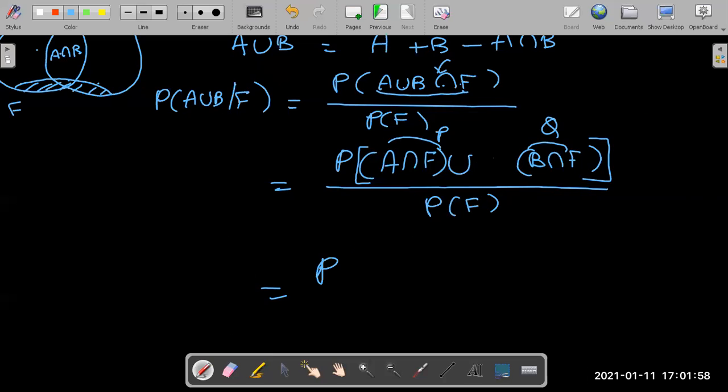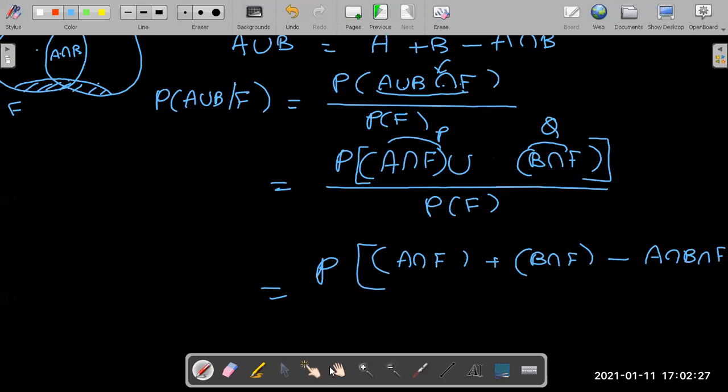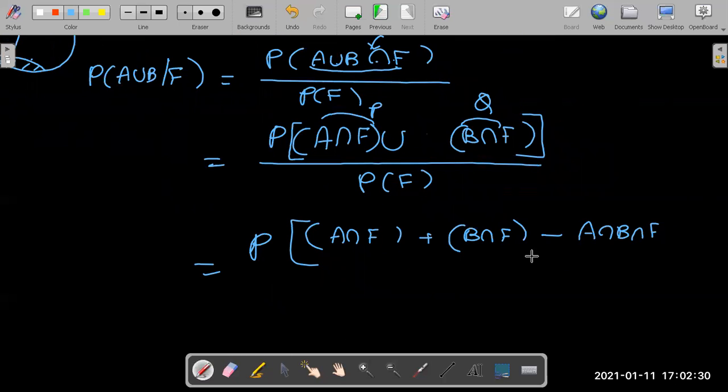So I write the probability of this union this as A intersection F, plus B intersection F, minus P intersection Q, which is nothing but what is common to both of them, A intersection B intersection F. This is how we write this top part, divided by the probability of F.